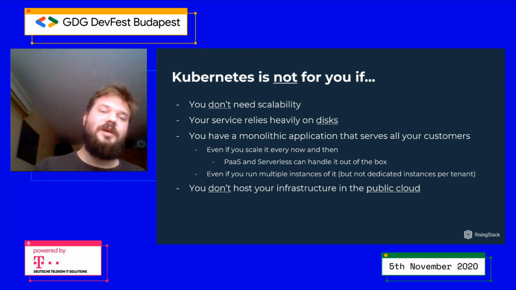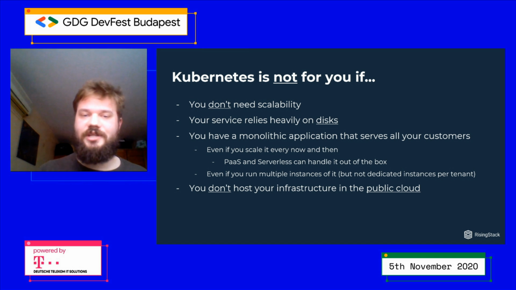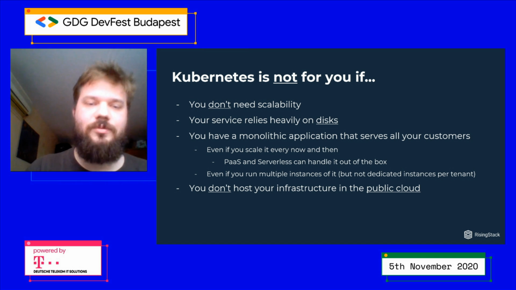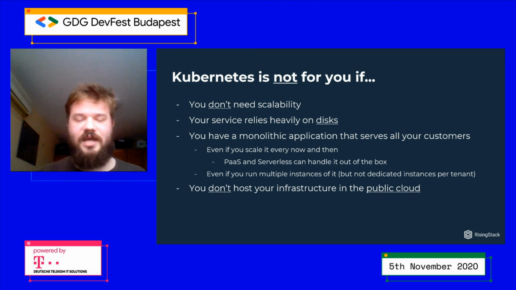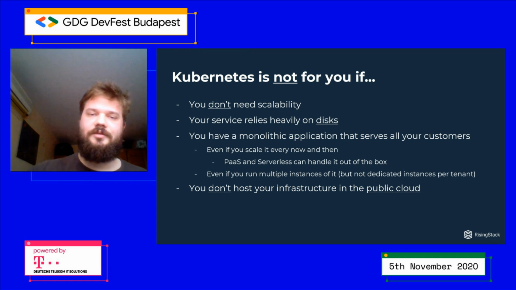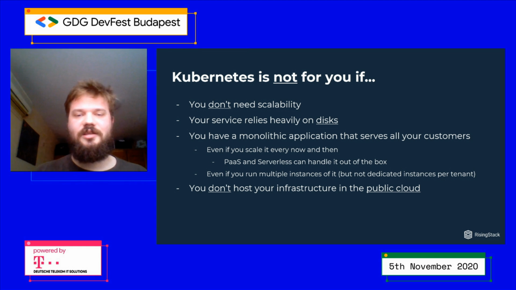Also, if your services rely heavily on disks, then you should think twice about whether to move to Kubernetes or not. Also, if you have a monolithic application that serves all your customers and you need some scaling here and there, then cloud service providers can handle it for you with scaling groups.